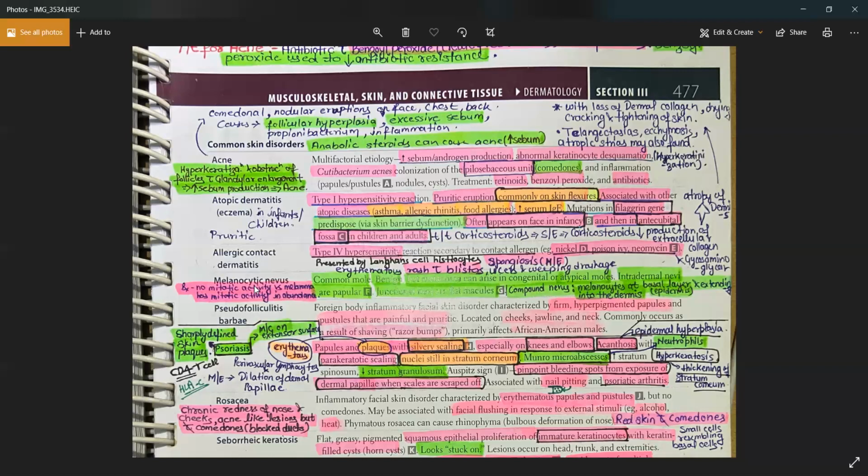Now, how will this nevus appear? It will be a flat macule only. A macule is having a size of less than 1 centimeter. Yes, exactly, less than 1 centimeter. So what you will get is a flat macule, and that would be all.